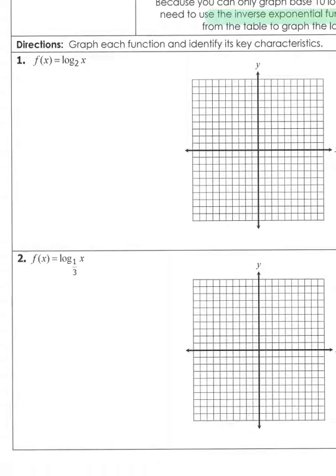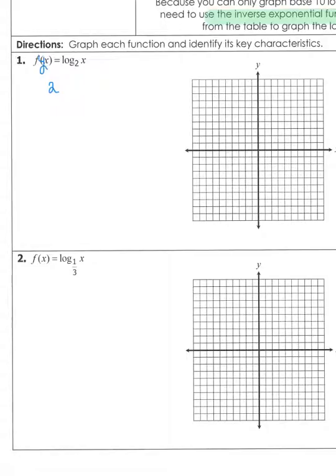So the first thing you want to do is recognize that your f of x is y. So I'm just going to view f of x as y. You need to put your log function into exponential form because you cannot put a base 2 into your y equals. So we're going to start by putting it into exponential form. So 2 is going to be your base of your exponential form, and remember these two switch.